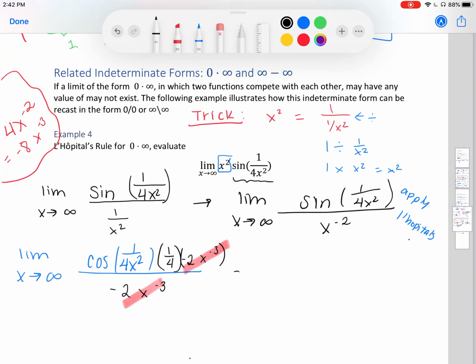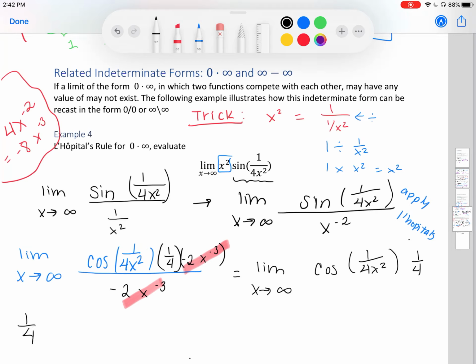So we're left with only the limit as x is approaching infinity of cosine of 1 over 4x squared. Oh, don't forget that 1/4, like I am forgetting. We can go ahead and move that constant forward.